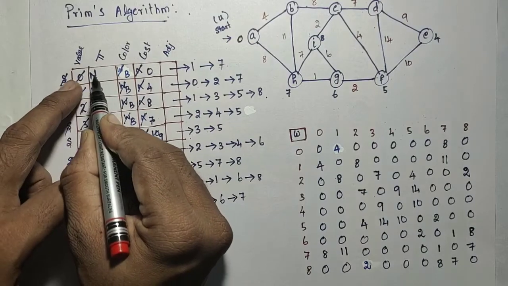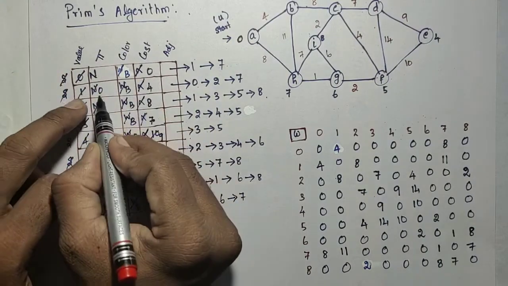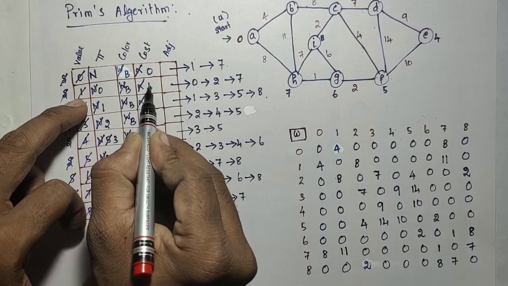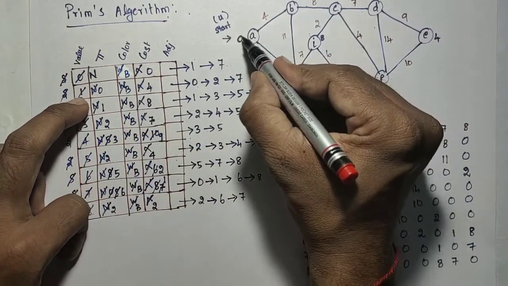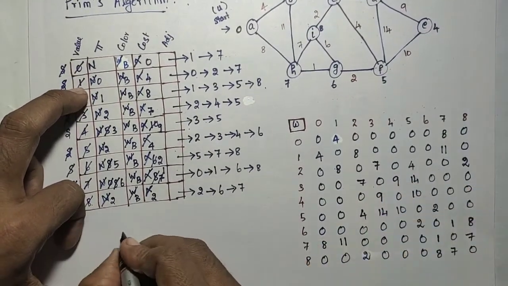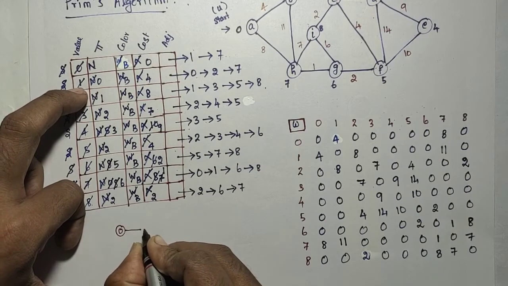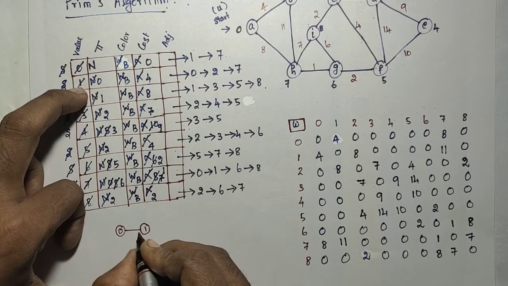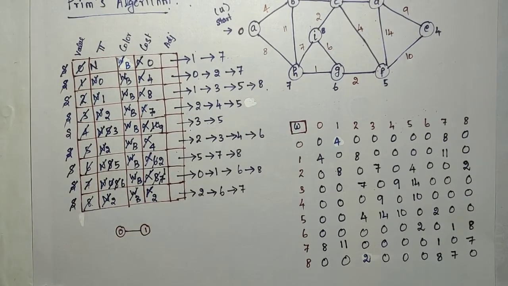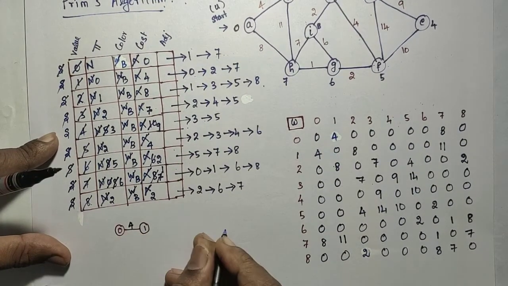0 to 1, here there is no parent, so we can leave it. 0 to 1, the cost is 4. Just check that. So that will be added, 0 to 1 with the cost 4, in the result.